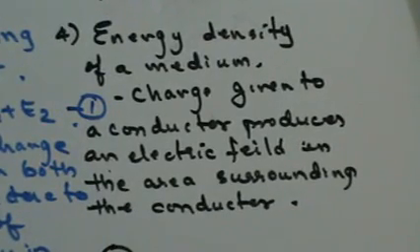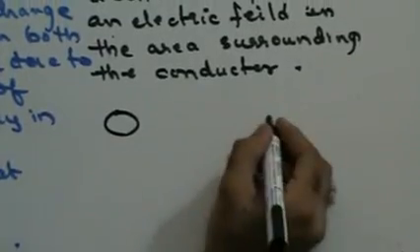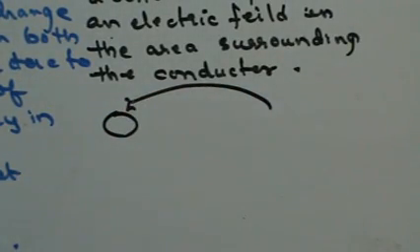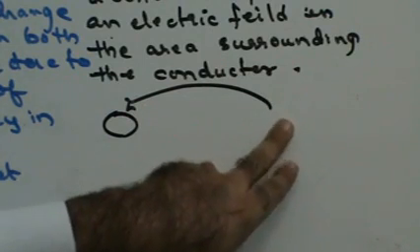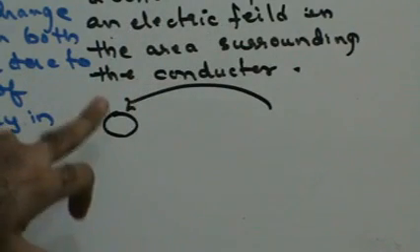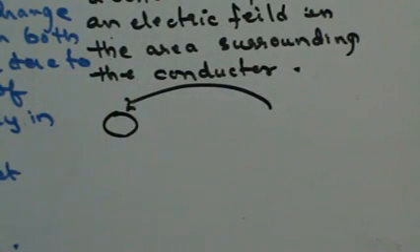This is my conductor which has no charge. Some charge must have been brought from infinity to this conductor to charge it. That means some work must have been done in bringing the charge from infinity to the conductor so that the conductor can be charged. Right?